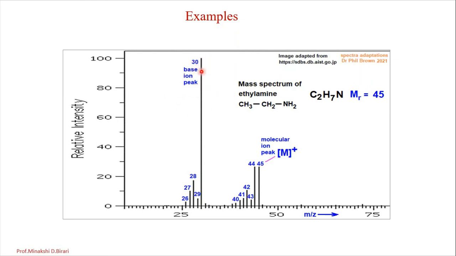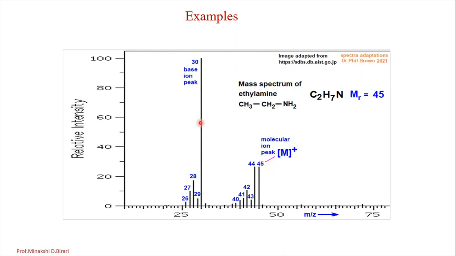So it is the base peak, and this M by Z value is an even number. The molecular ion peak of ethylamine is observed at M by Z value 45. The number of nitrogens present in ethylamine is 1, which is odd, and the molecular ion peak is also observed at an odd M by Z value, 45.